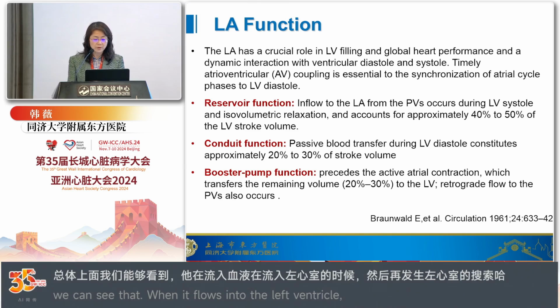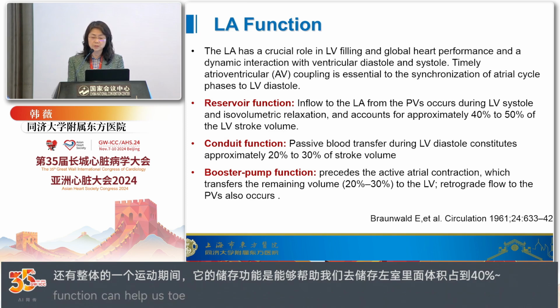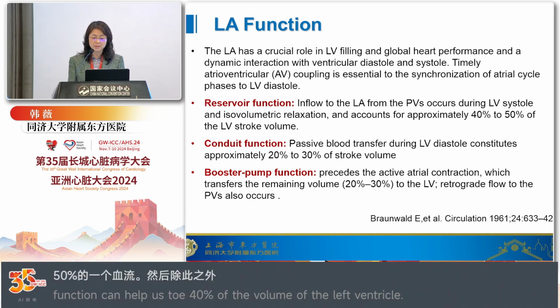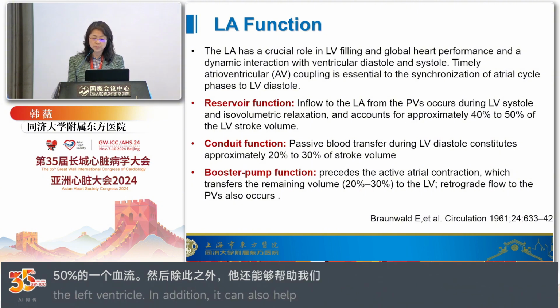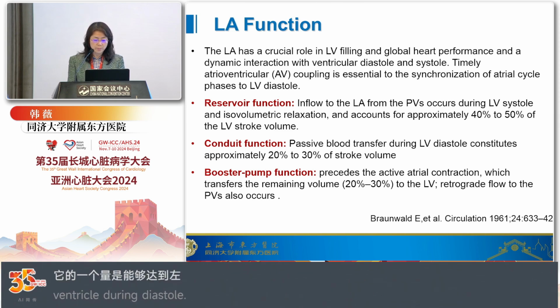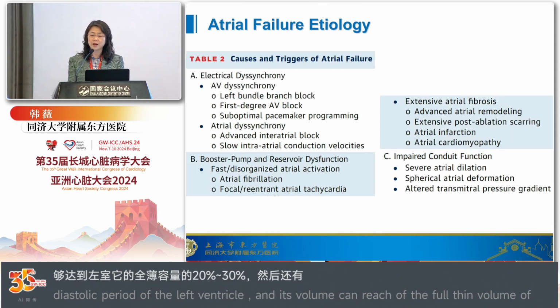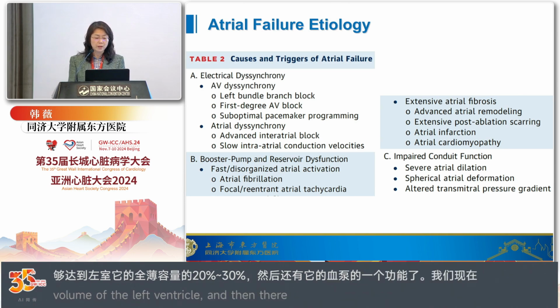The conduit function is a passive blood transfer during left ventricular diastole and constitutes approximately 20% to 30% of stroke volume. The booster pump function is the active atrial contraction, which transfers the remaining volume to the left ventricle.